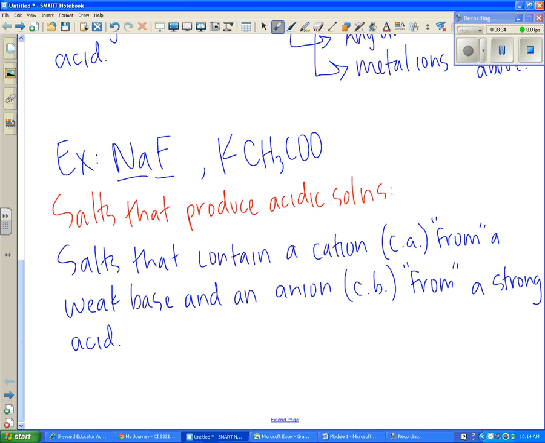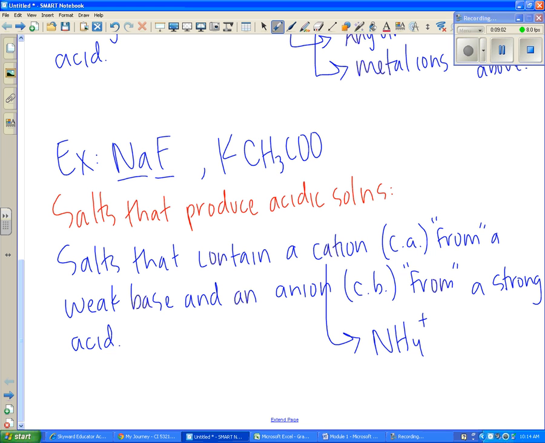So the types of cations that we're going to see are going to be from weak bases. Weak bases are not hydroxide-containing compounds. They're substances that accept a hydrogen ion when they're put into water. So we're going to see things like the ammonium ion. The ammonium ion is from ammonia, a weak base, after it's accepted a hydrogen ion.